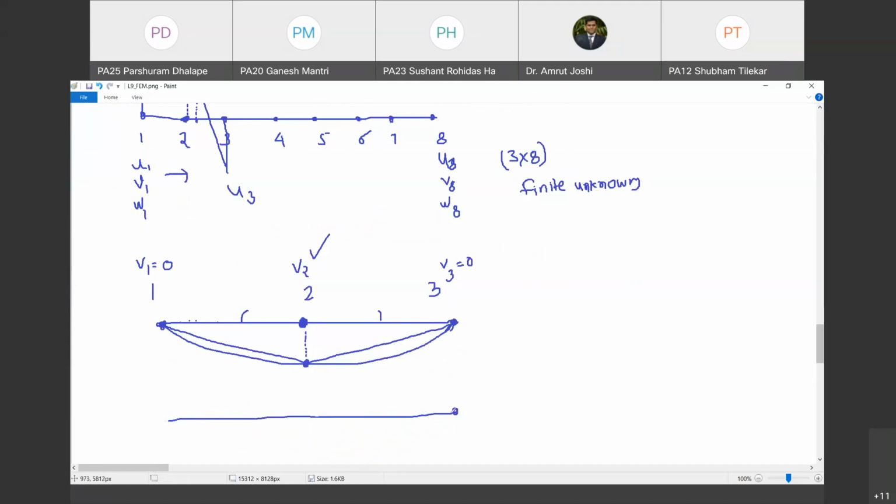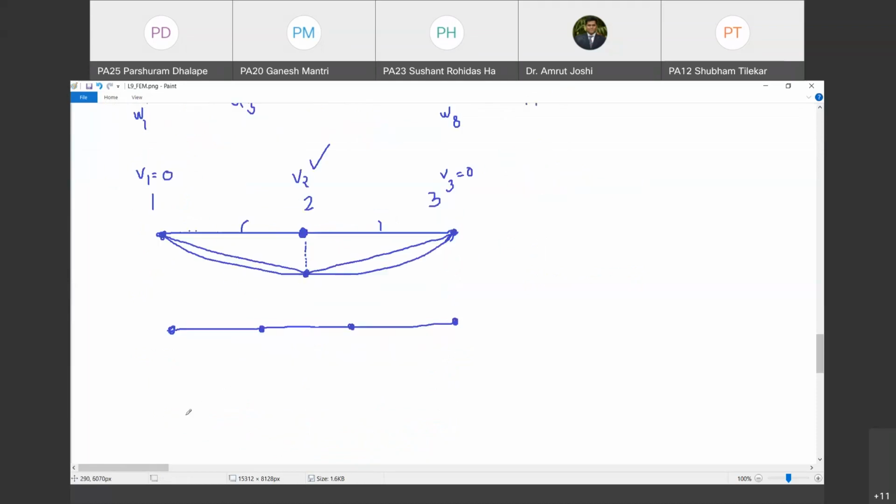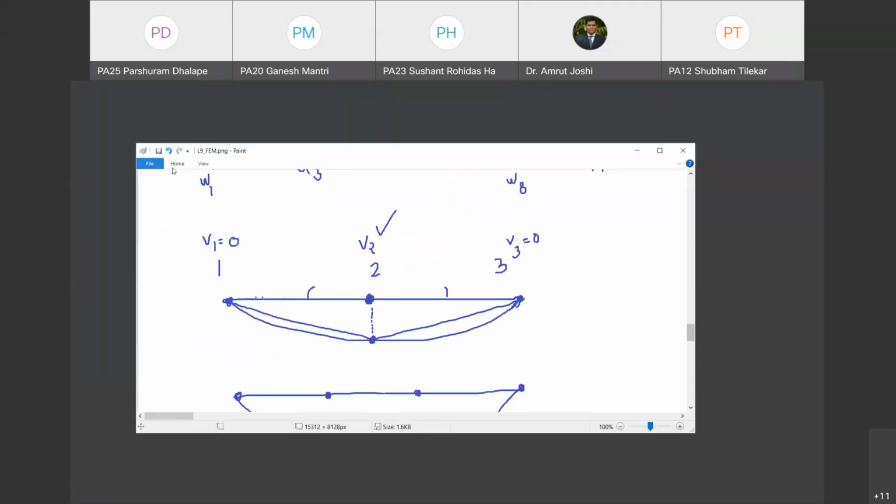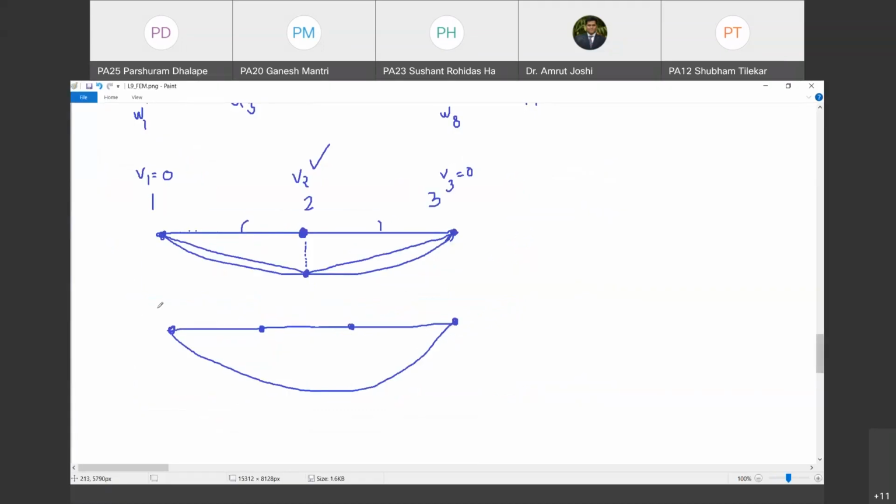Now I am going to divide this beam into more parts. So let us say I have divided it into this many parts. The actual deformed shape is this one. But after using the finite element formulation and minimization of potential energy, my unknowns were: V1, which is equal to 0; V2 is known now because I have taken the y directional deformation at the second node as unknown, so V2 will be known after the minimization of potential energy.